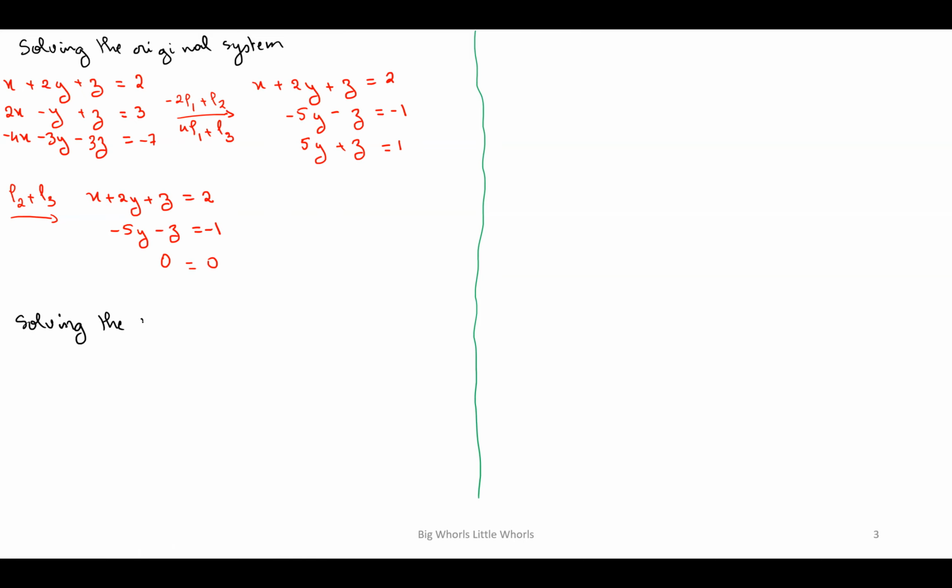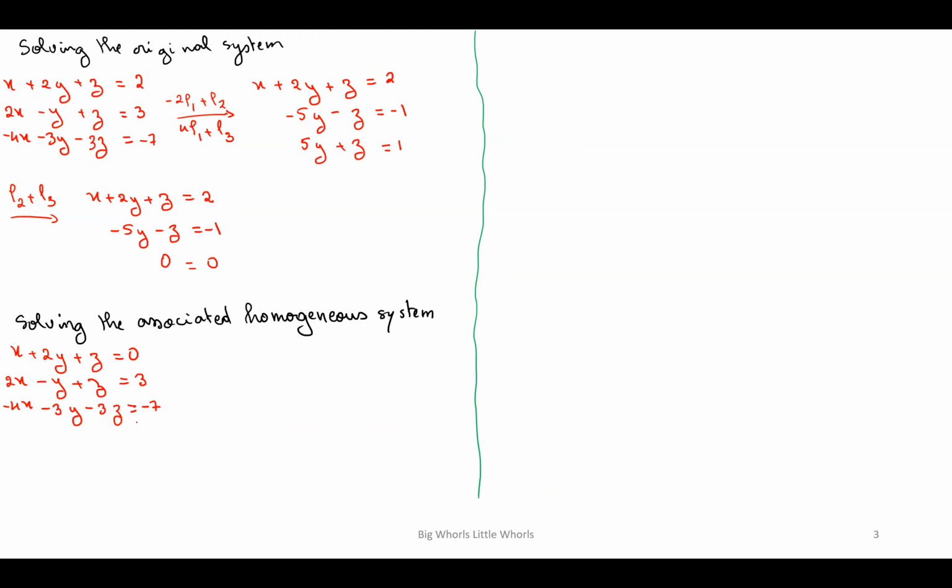So the associated homogeneous system is x plus 2y plus z equals 0, 2x minus y plus z equals 3, and minus 4x minus 3y minus 3z equals minus 7. Okay, so let's solve it.